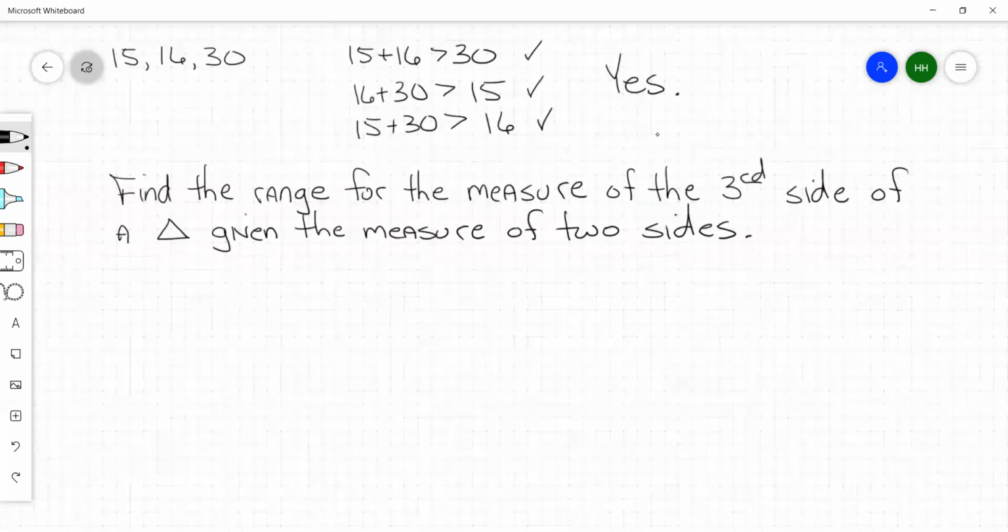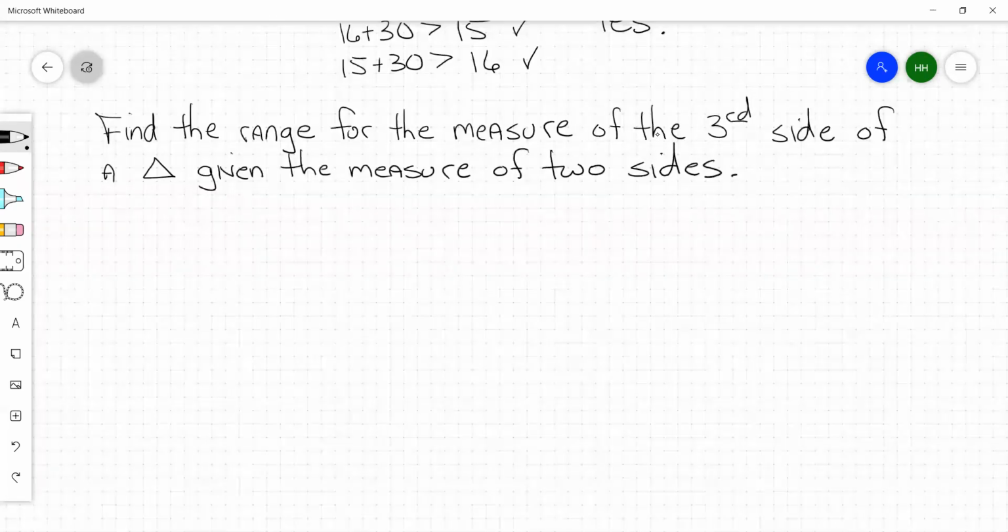Find the range for the measure of the third side of a triangle given the measure of the two sides. And let's say that you're given 3 and 7.